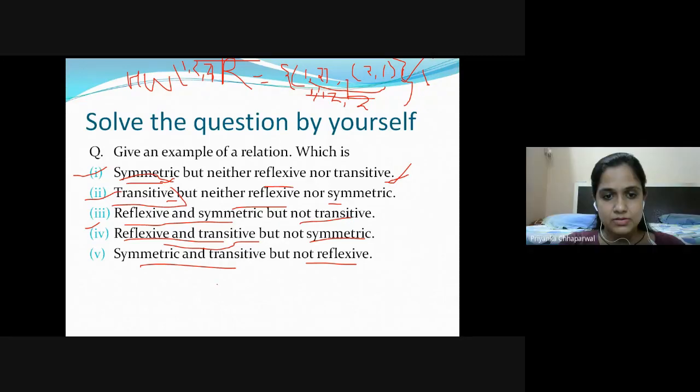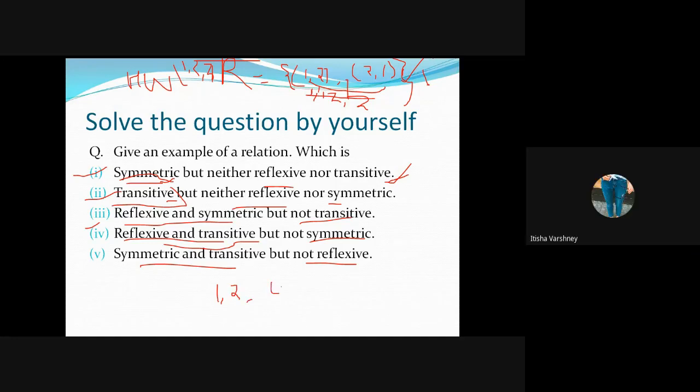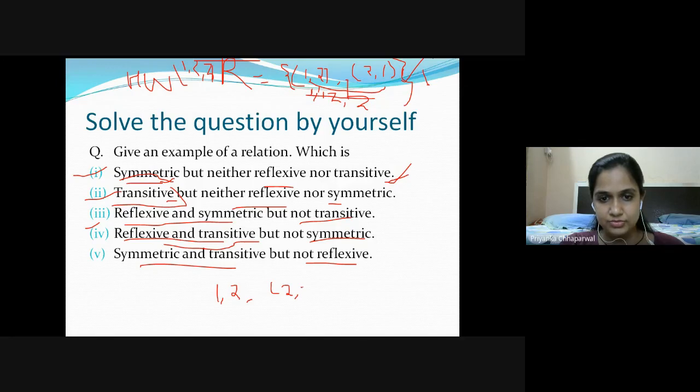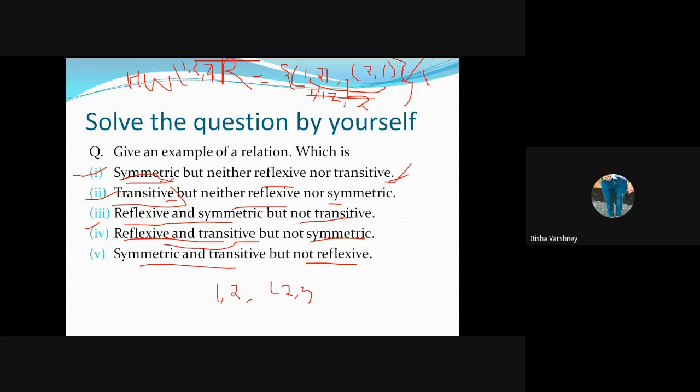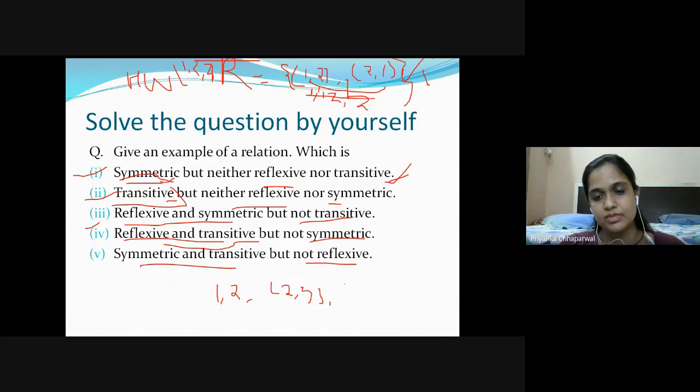We take 1 comma 2 and 2 comma 3 in the relation, so it is transitive. And ma'am, 1 comma 3 also. So this satisfies the property of transitive. With 1 2 and 2 3, 1 comma 3 should belong to the relation R, so it is satisfied.